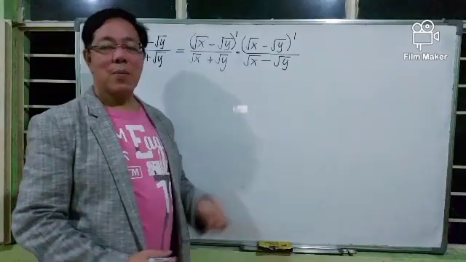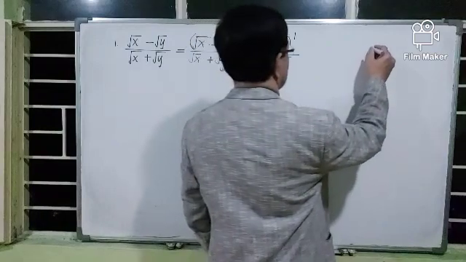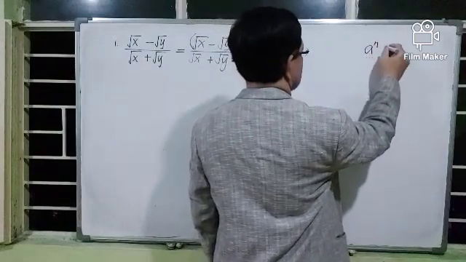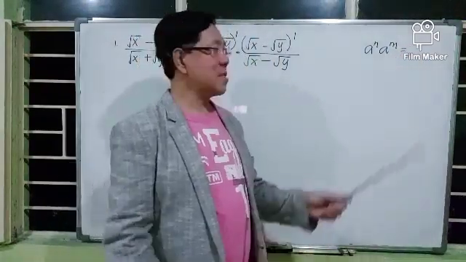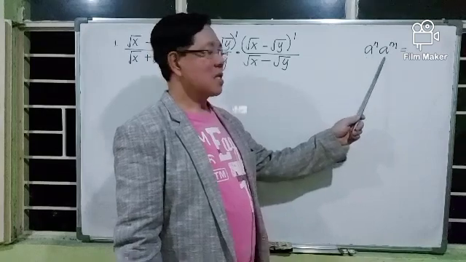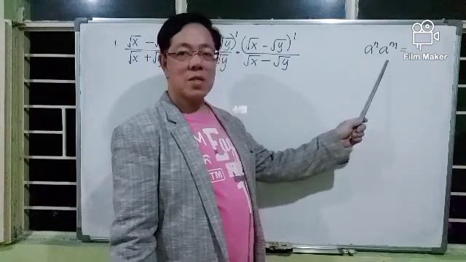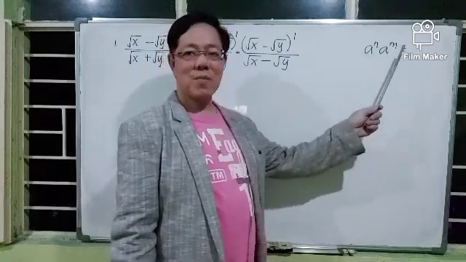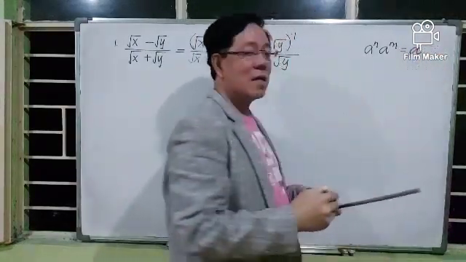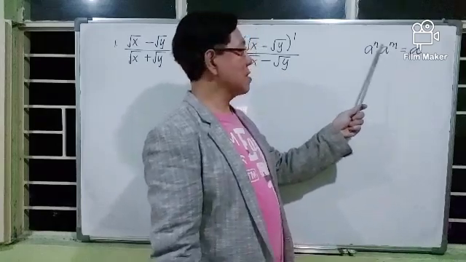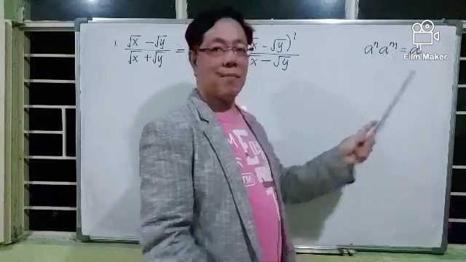And to multiply these two, we apply the property of exponents. This property says that if you are multiplying exponential notations with a common base, the product of a to the n multiplied by a to the m is equal to the common base a, and the exponent of a in the product is the sum of the exponents at the left hand side, n plus m.